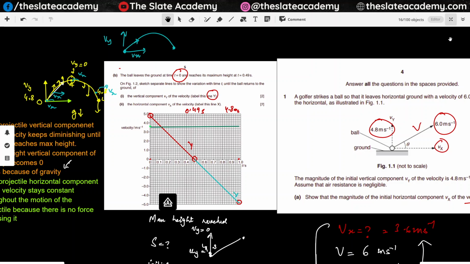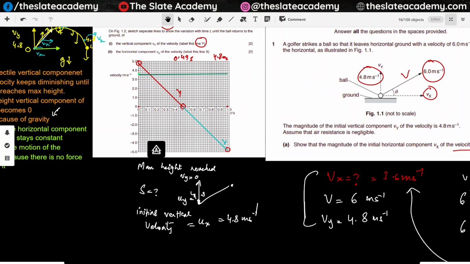Okay, what am I given? I am given the initial vertical velocity. Let me call it ux. This is 4.8 meters per second, right? Then I know the final vertical velocity, which you correctly identified. At maximum height it will be 0.